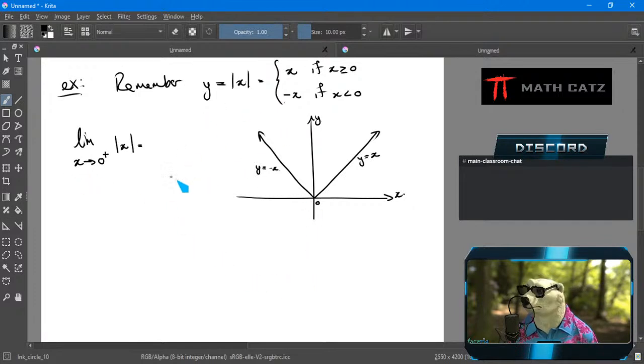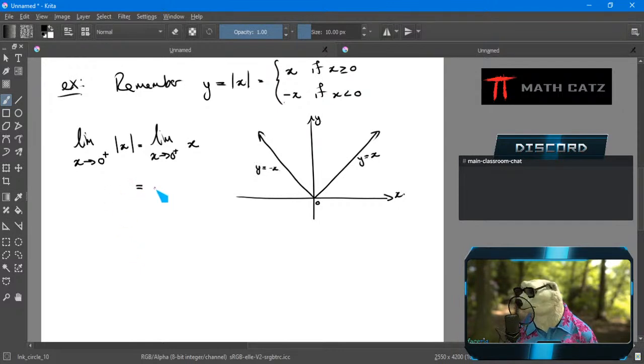I will never consider negative x values, so the left side of this graph doesn't exist for me in this question. So the behavior of the absolute value function is the same as the behavior of x, because that half of x values are the only ones existing for me in this question.